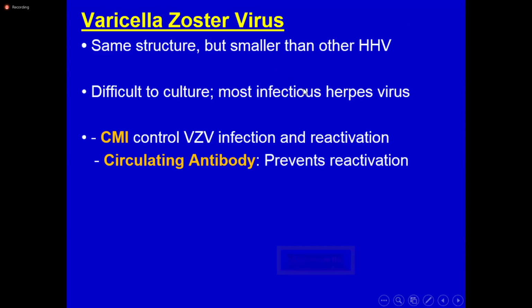It is the most infectious herpes virus. Cell-mediated immunity controls varicella zoster infection and reactivation. So if the cell-mediated immunity is suppressed, of course, varicella zoster virus will be reactivated. Circulating antibodies, yes, circulating antibody can prevent reactivation.